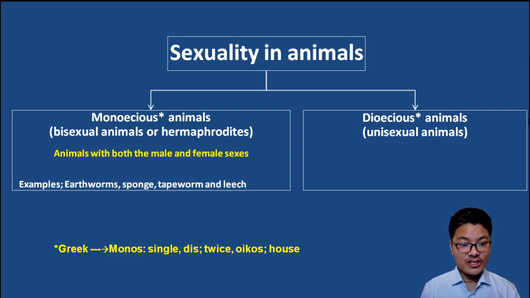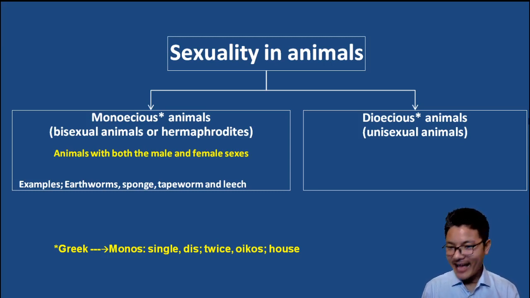So monoecious animals have both male and female reproductive systems, and thereby they are able to produce both gametes, and they have the ability to produce offspring by a single organism. For example, we have earthworms, sponge, tapeworm, leech. All these have two reproductive systems in their body, a male reproductive system and a female reproductive system.